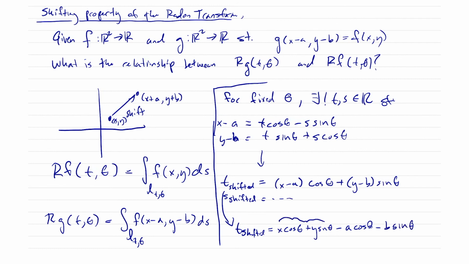And this actually corresponds to the old t. So that means that t shifted plus a cosine theta plus b sine theta is equal to t, the old t. So let's see, what does that mean?